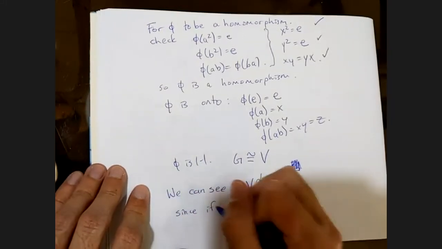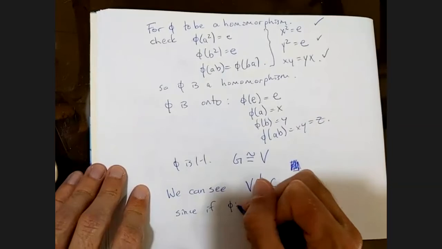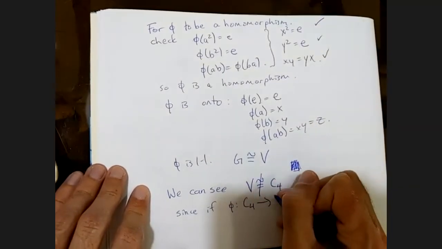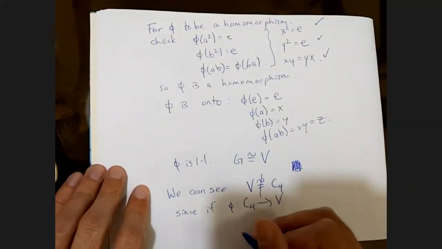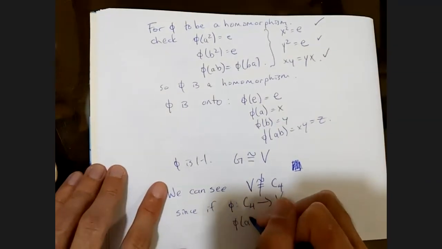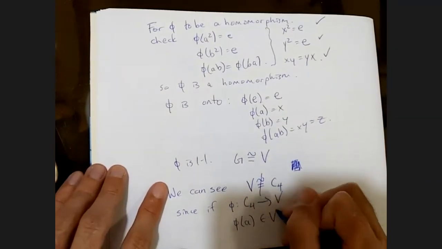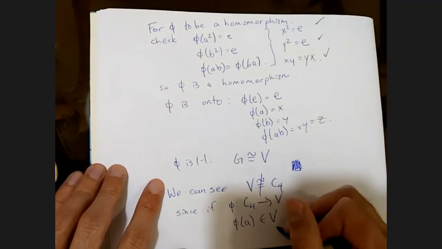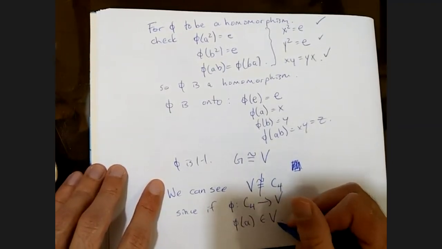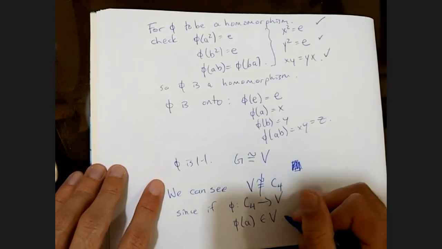Since if phi goes from C4 to V, phi of A will be in V. Everything in V satisfies x squared equals the identity.